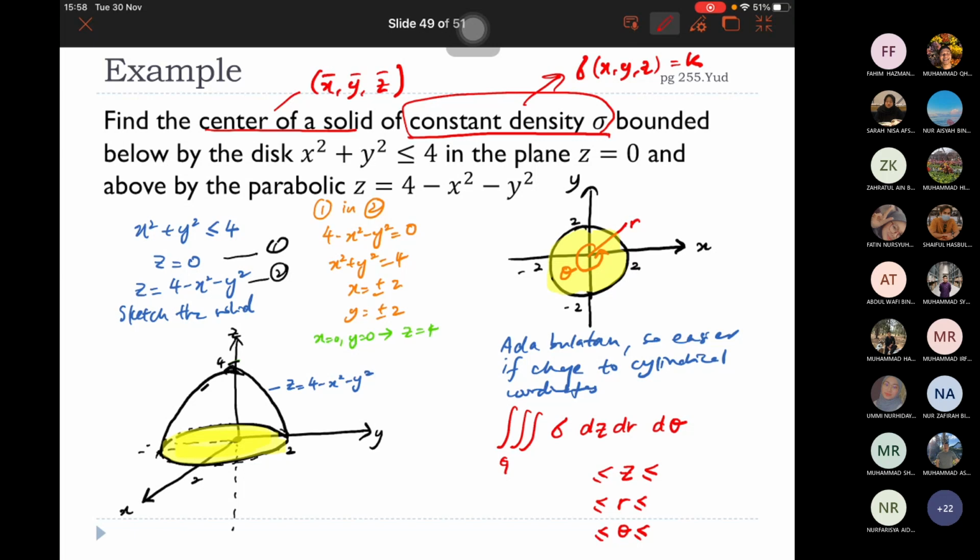Okay, Z daripada berapa ke berapa, R daripada berapa ke berapa, and theta from where to where. So yang ini daripada dia punya tapak, kita ada this one, R, and this one is the theta.